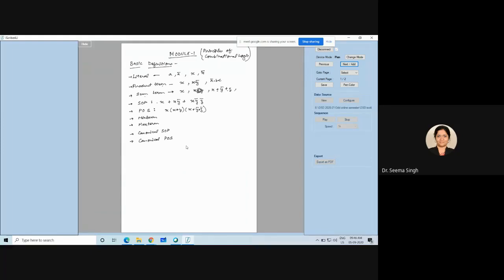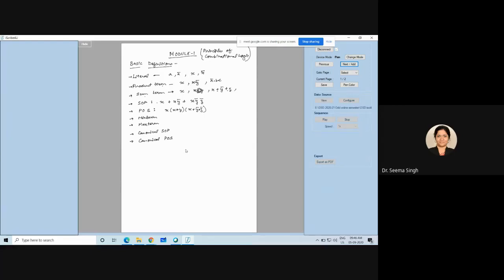Min term is a product term which contains each of n variable in either complemented or uncomplemented form. I am repeating, min term is a product term which contains each of n variable in either complemented or uncomplemented form.